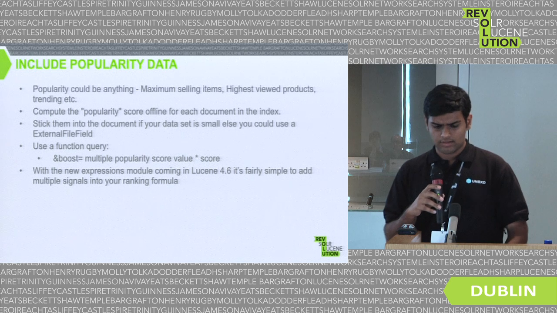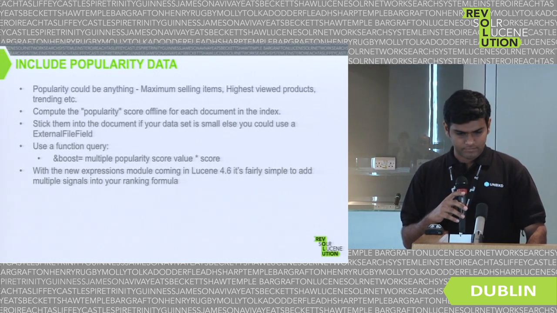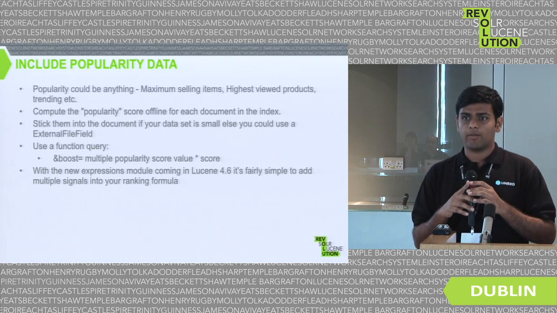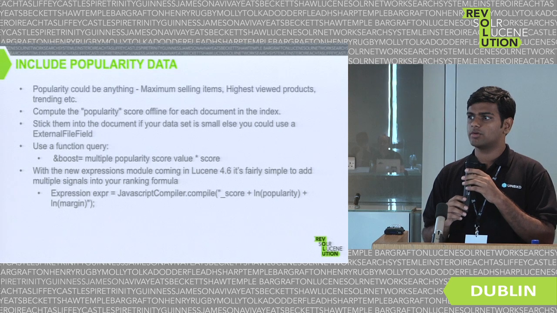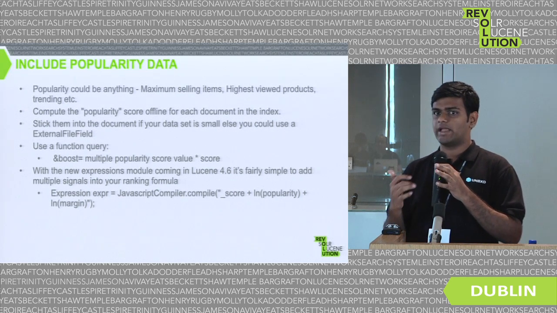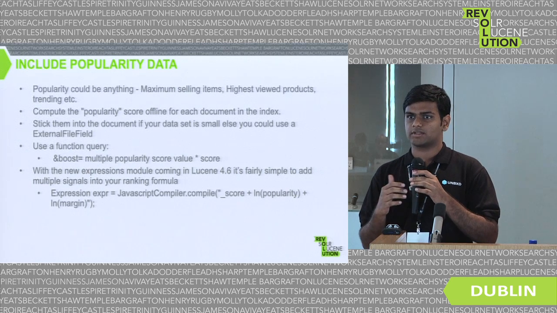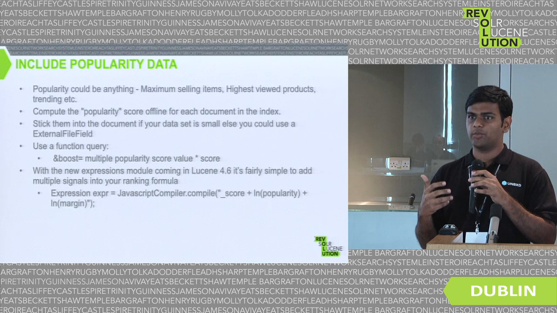So we've included popularity data. Now I want to add click-through data into my index. For click-through data, you have your query and the list of documents that a user has clicked, and you give them weights accordingly.